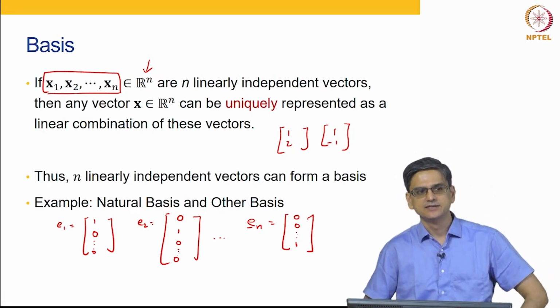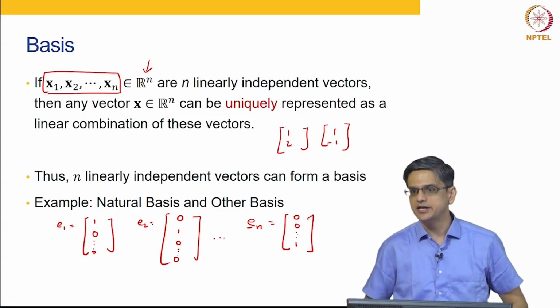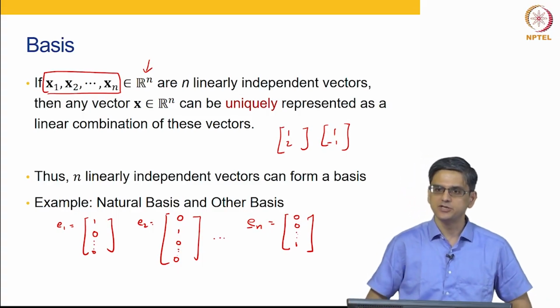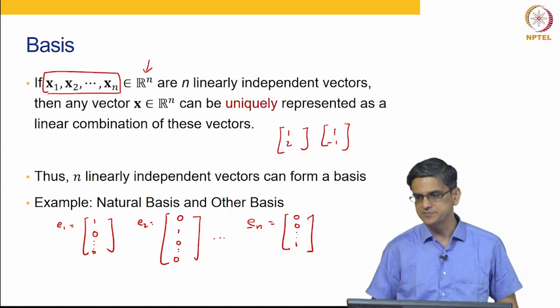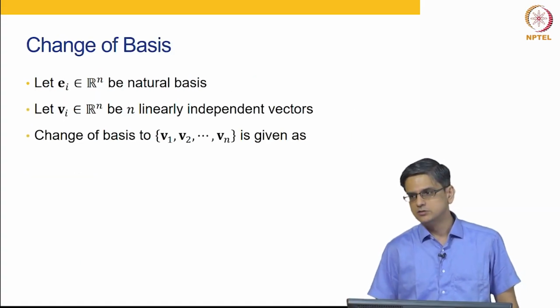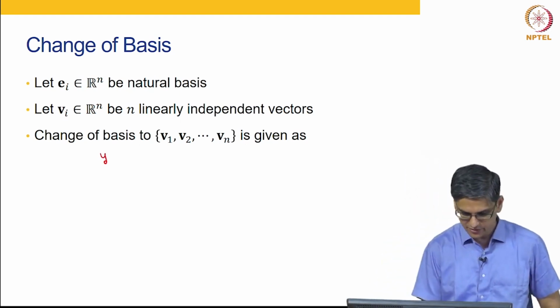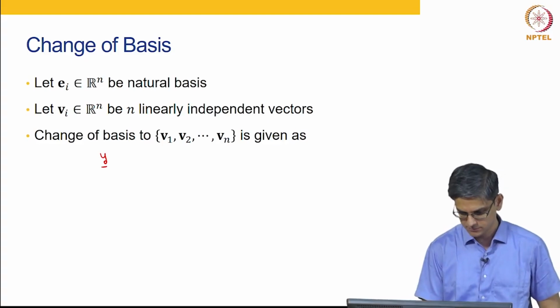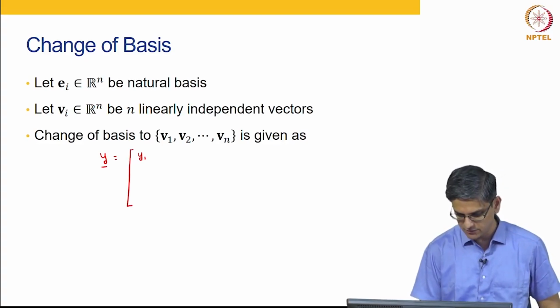And any n linearly independent vectors can be used as basis for an n dimensional space. So, how do you do the change of basis? Okay. Let us say we have a vector y bar. Let us say we are representing this as y1, y2 up to yn.